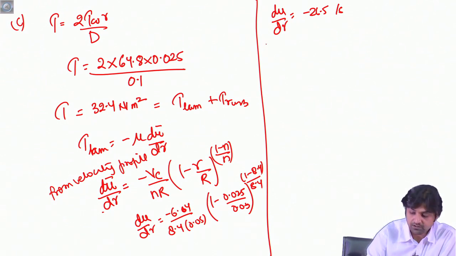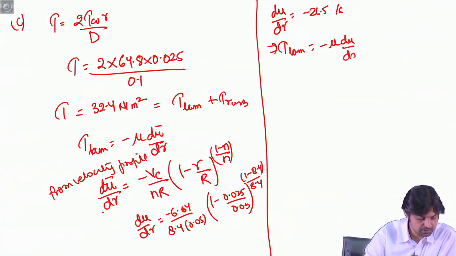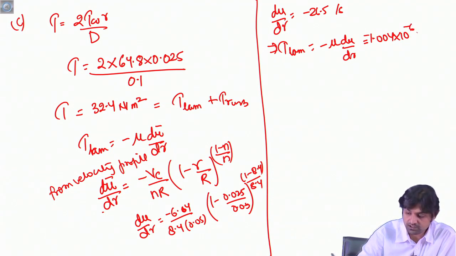Therefore tau laminar will be minus mu du by dr, and mu is 1.004 into 10 to the power minus 6 into 26.5.